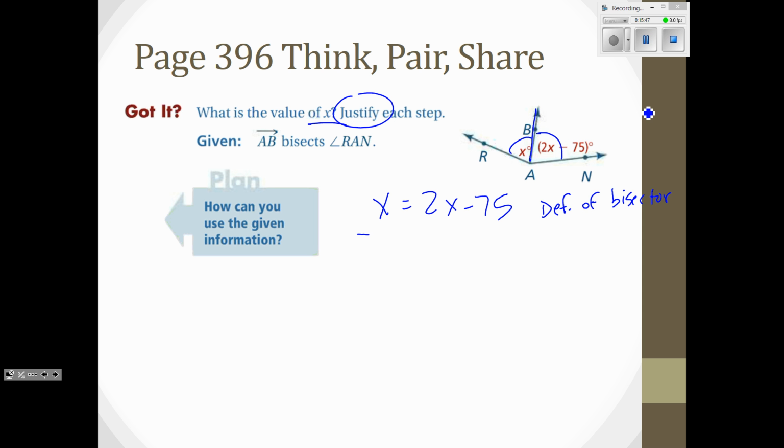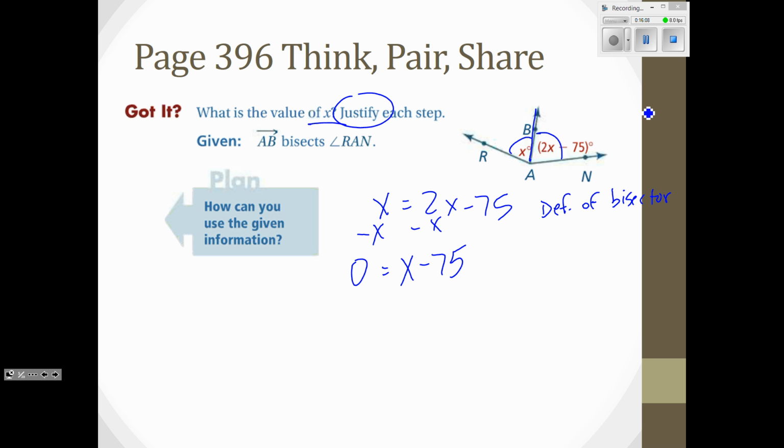So if we subtract x, we're going to get 0 on the left is equal to x minus 75. Which property did Javessa just use? What do you guys think? We've already talked about it today. We talked about it very briefly. What's that, Cassidy? The subtraction property of equality.